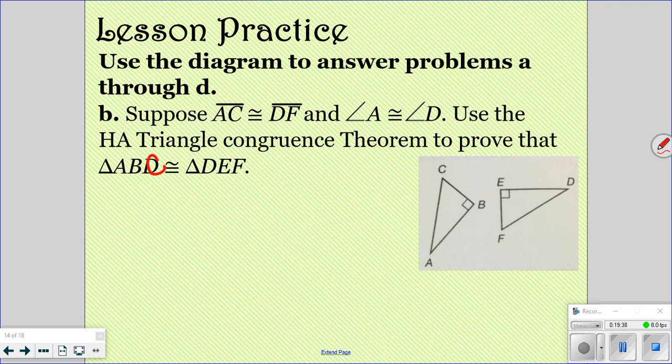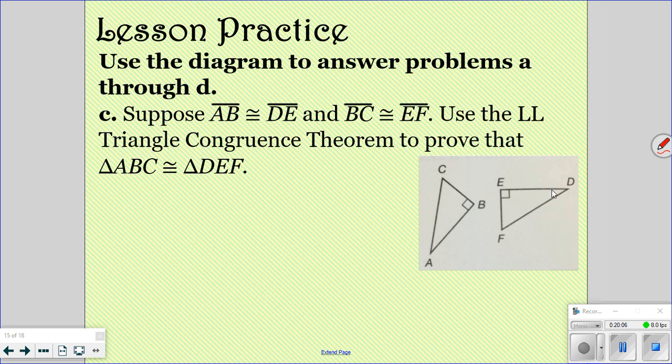They also tell us that the hypotenuse AC is congruent to the hypotenuse DF, and the angle A is congruent to the angle D. From there, we can use the hypotenuse angle triangle congruence theorem to prove that the two triangles are congruent. So that would be how you would prove those two triangles are congruent.